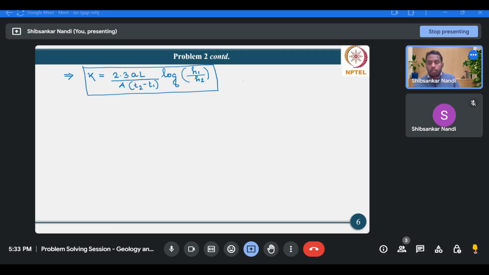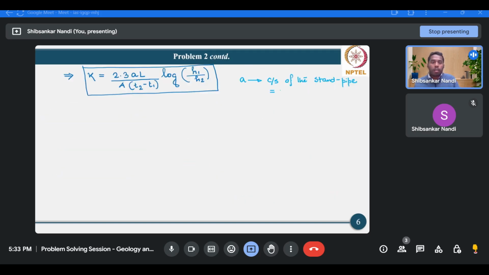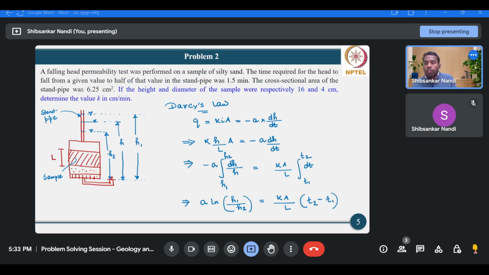Here, small a indicates the cross-sectional area of the standpipe, which is given as 6.25 centimeter square.